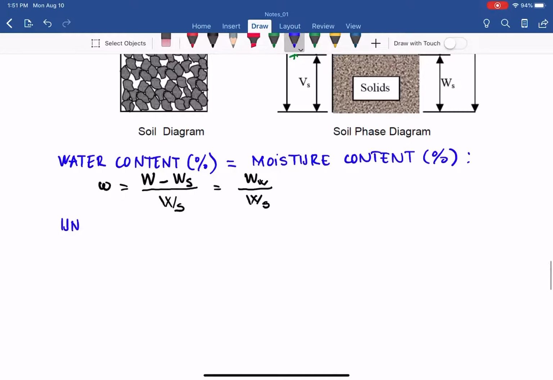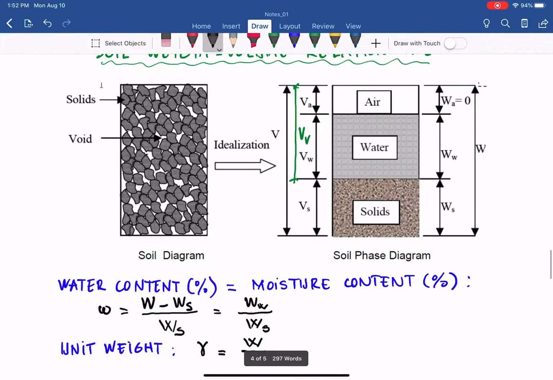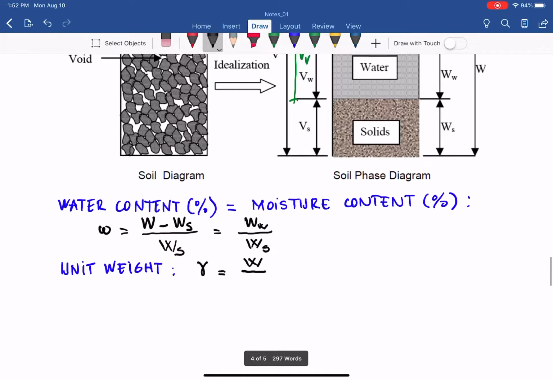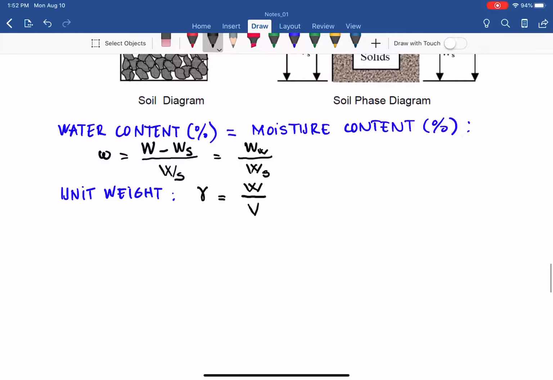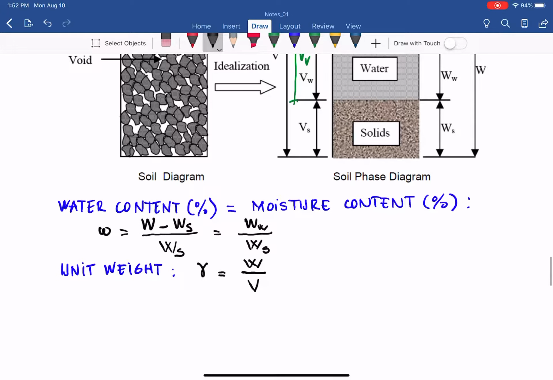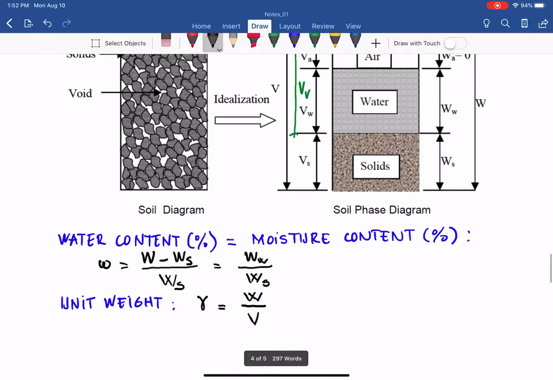The next one is the unit weight. How do we determine the unit weight of a soil? Unit weight stands for gamma, and it equals, of course, the total weight W by this phase diagram, divided by the total volume of the soil. And what if we dry all of the water?